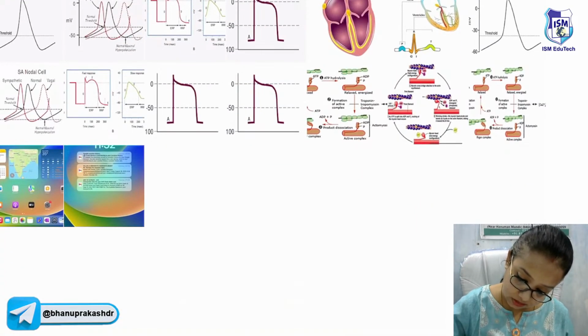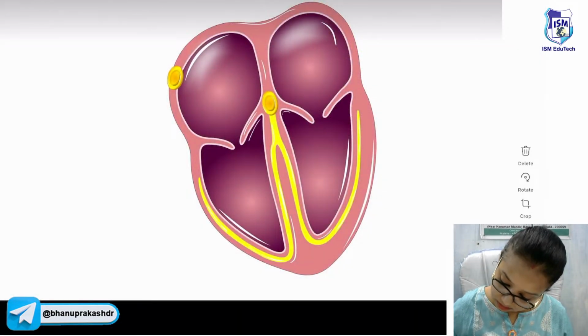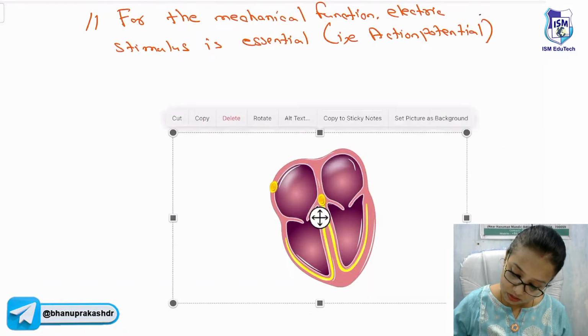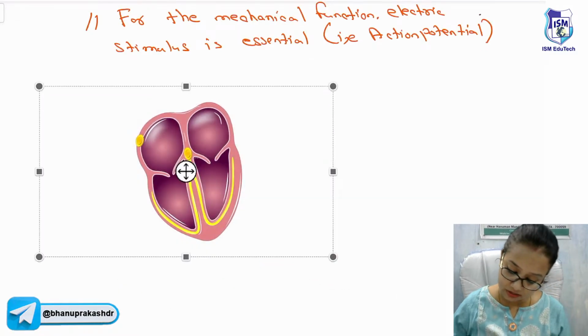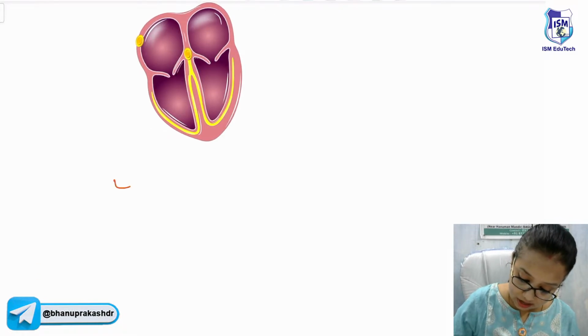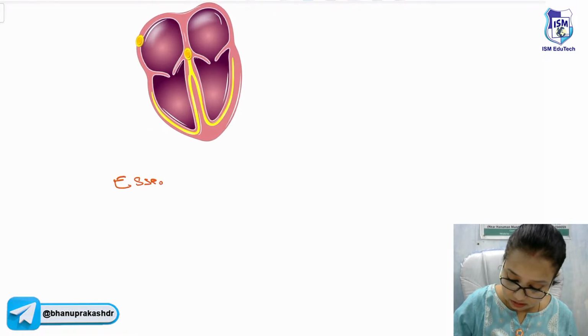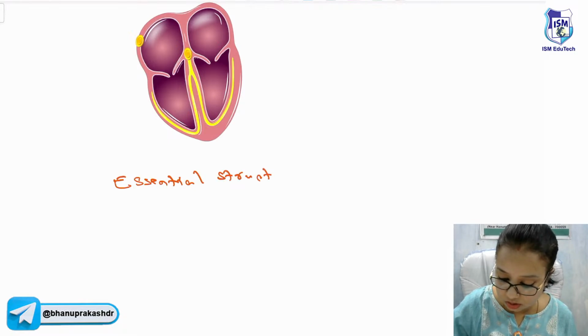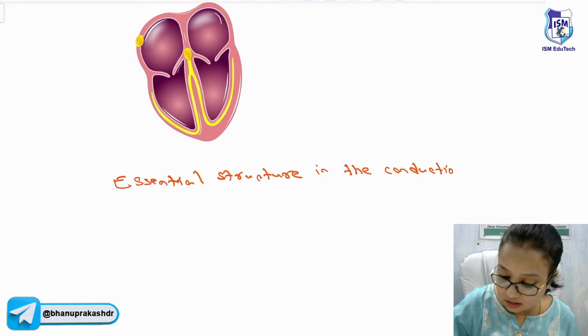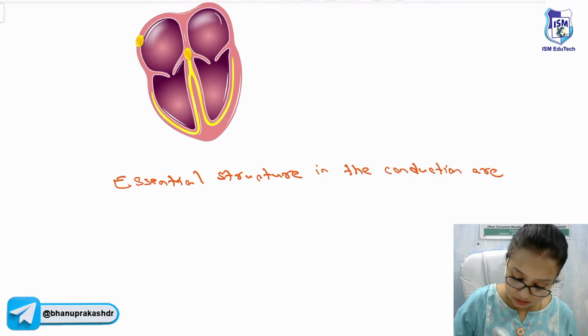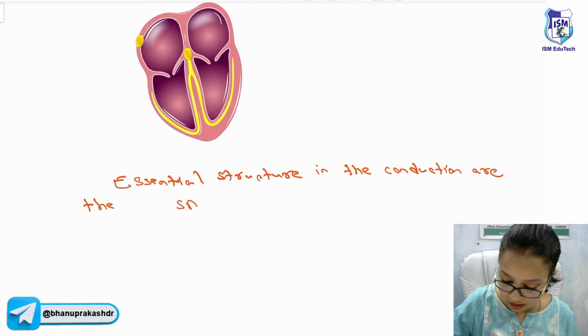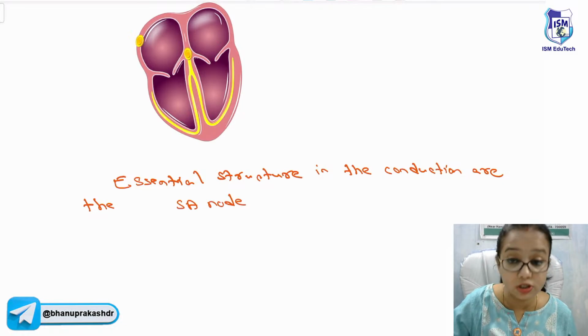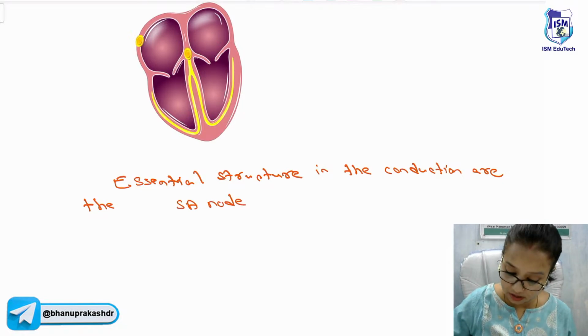here, coming to this picture of the heart, the essential structures in the conduction are the SA node, which we all are quite aware of.